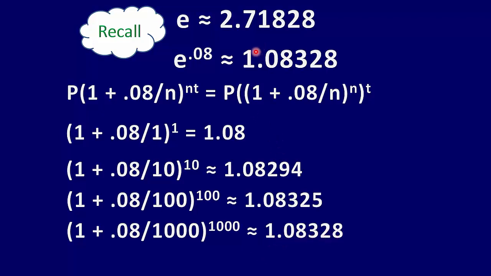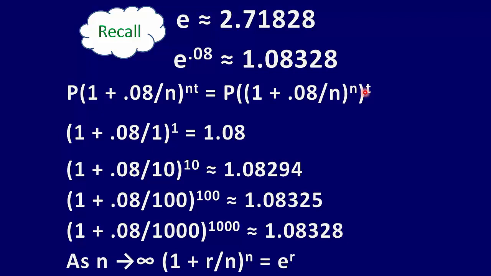Ah, look at this, 1.08328. So if I'm compounding interest 1,000 times a year, maybe instead of writing all of this out, this right here, maybe I could just write e to the 0.08. Maybe I could just replace this with e to the 0.08 to the t, or e to the 0.08t. Maybe I could do that.